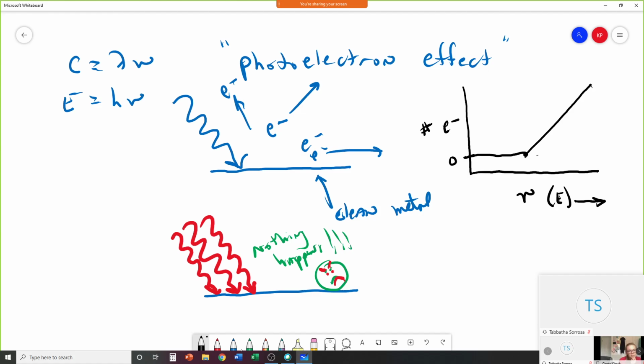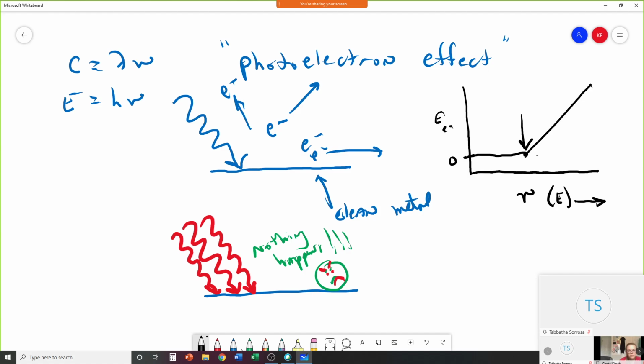And the energy of the electron increases as you go. So at some point you have no electrons come off, and this is called the photoelectric effect. Okay, so you have to have a minimum amount of energy from the photon to kick that electron off.